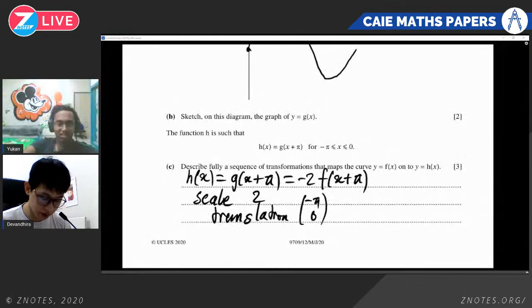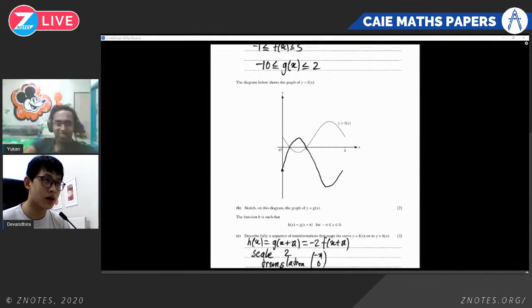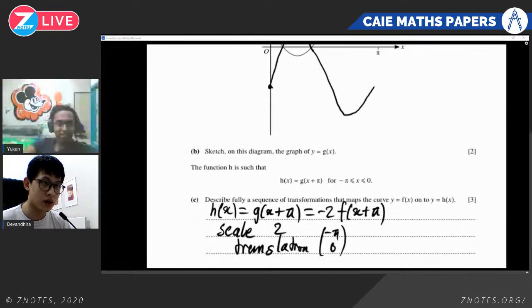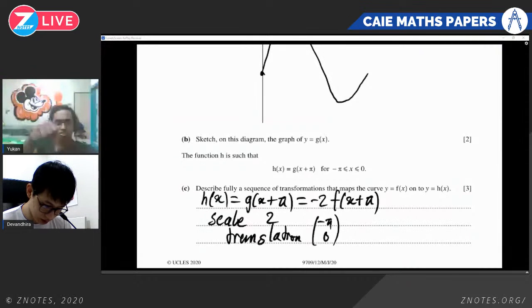All right. So thank you for that. And reflect in the x-axis, else that's also wrong. Reflect in the x-axis, then stretch by 2. Yeah. Where do I write it?